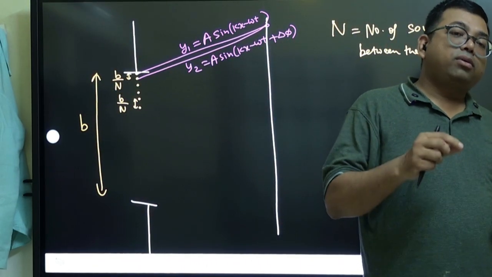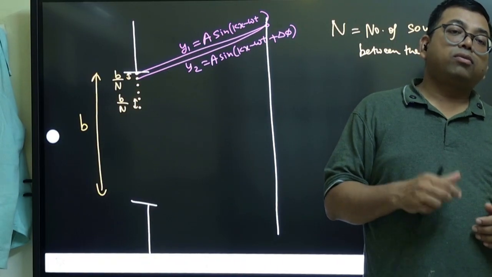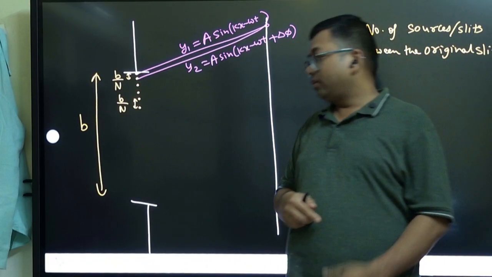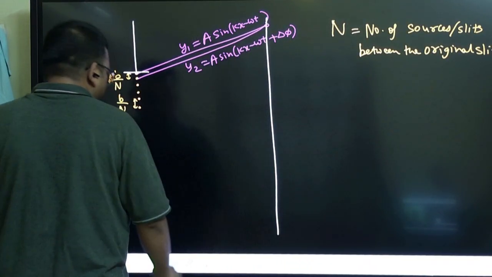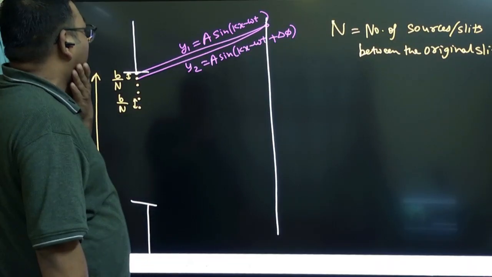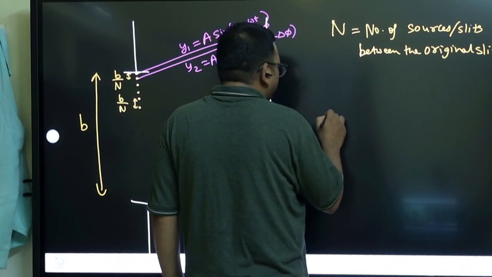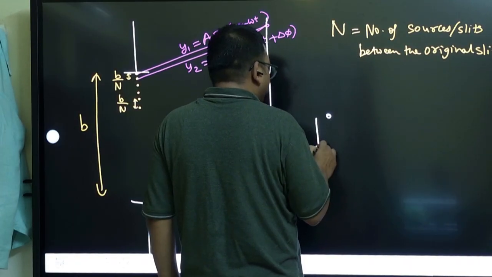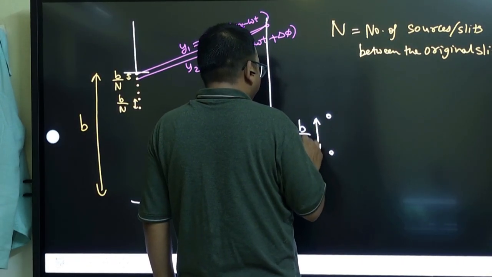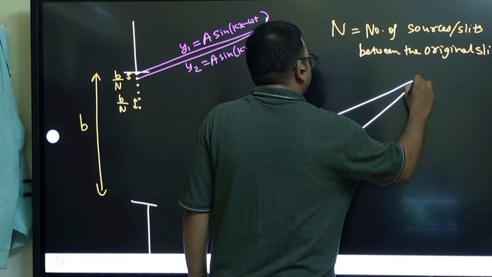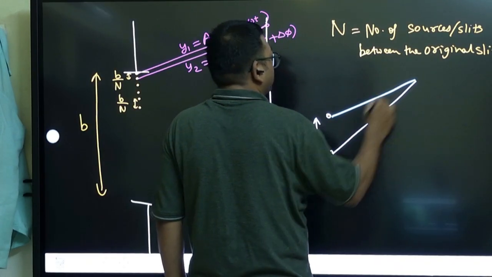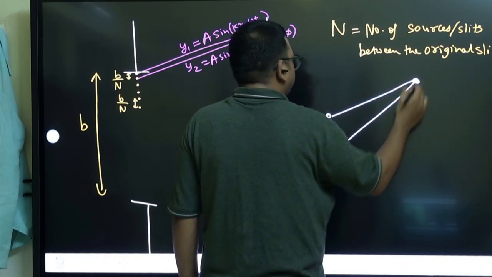So there will be equal path difference, equal phase difference. Like this it will come. So many such waves will exist here. So now let me show you about those small points which are at a distance of b by n, and this wave we are going to take here. Okay, here we are taking this interference.